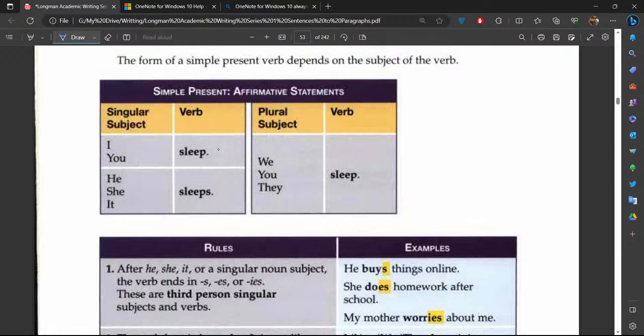So for all others it's sleep, but it is only for he, she, it, the third person, that it takes an s.